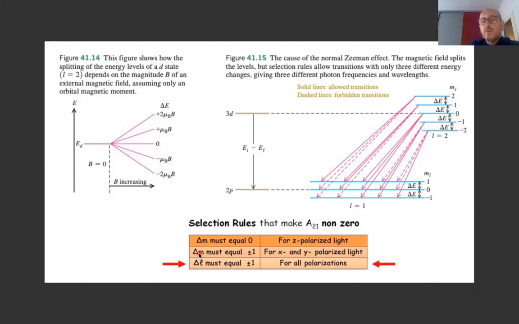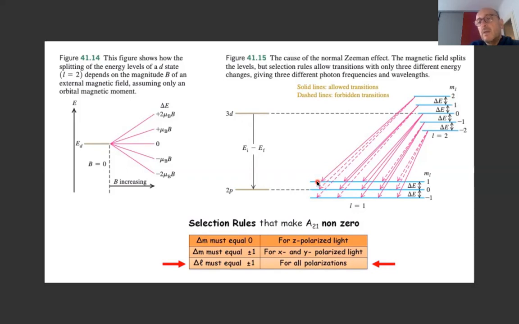What we really have to verify is if delta M is equal to 0 or delta M is equal to plus or -1 between these energy levels. Because you can have an electron being emitted when an electron makes a transition from this high-lying state to this state, because here you have an M equal to 2, and here you have an M equal to 1.